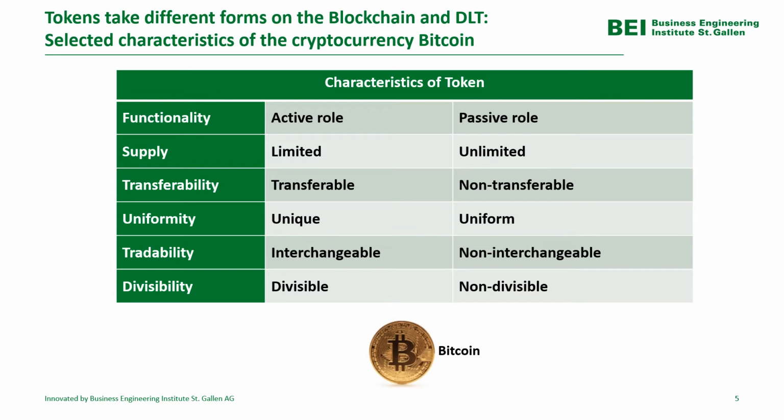They could be limited or unlimited. Is a token transferable to another person, or is the token assigned to a unique object? Is the token tradable on marketplaces? And of course, is it possible to have fractional ownership of a specific token?